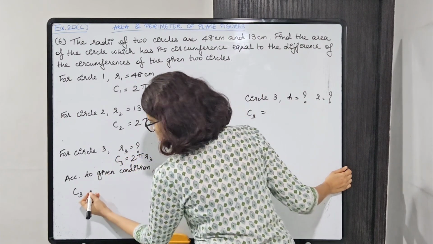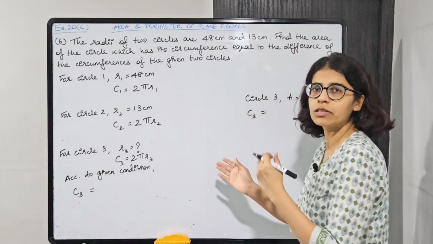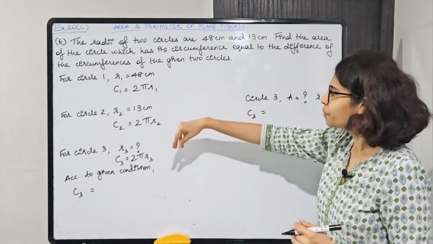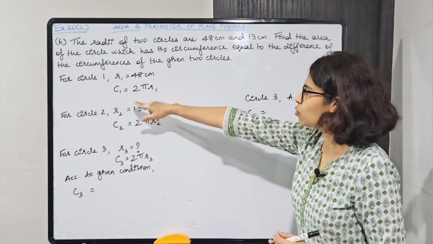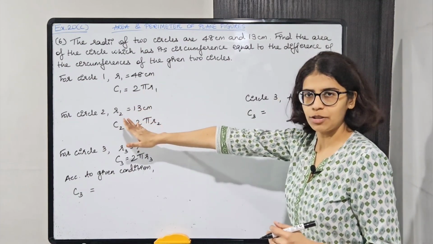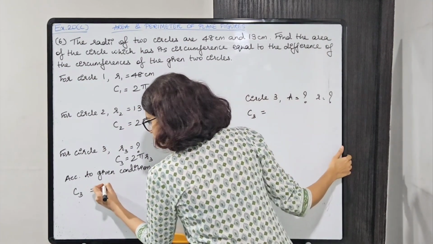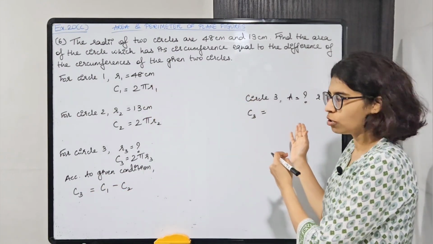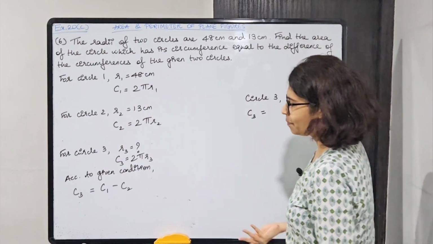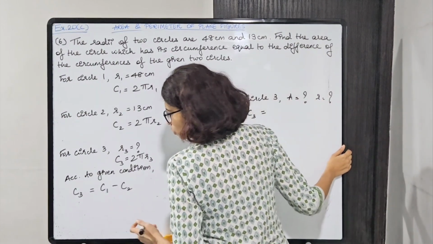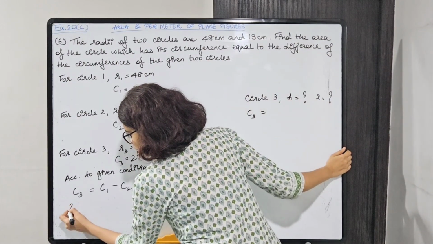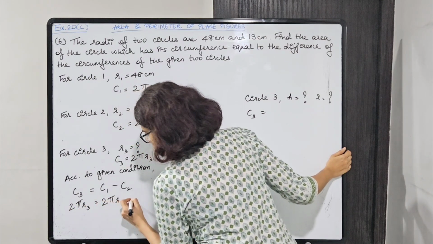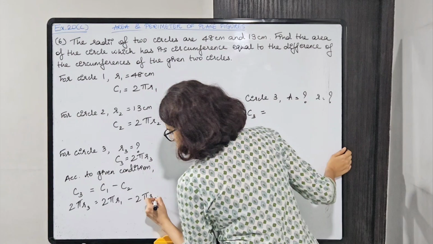So C3 is equal to the difference in the circumferences of the two circles. Whose circumference will be more? Of course the one whose radius is more. So C1 will be more than C2, right. So C1 minus C2, take greater minus smaller, it cannot be negative. So C1 minus C2. So C3 is 2 pi R3, this is 2 pi R1 and 2 pi R2.